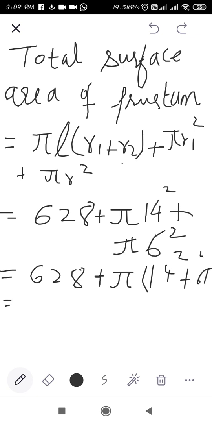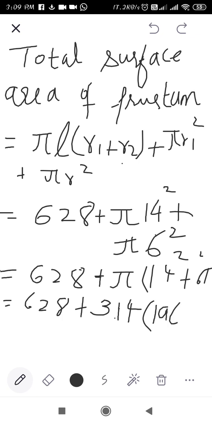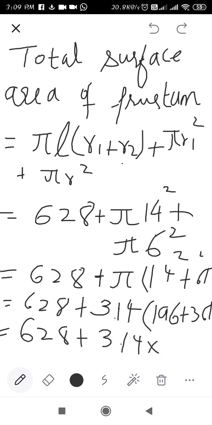Now 628 plus 3.14, value of pi is 3.14, so we'll substitute it here. 14 square is 196, plus 6 square is 36. Now 628 plus 3.14 into 196 plus 36 is 232. When you add them, you will get 232.